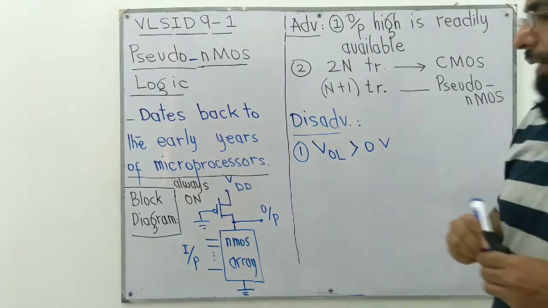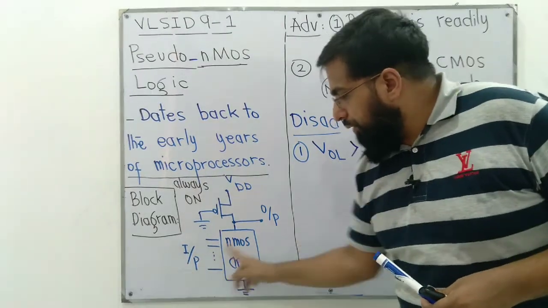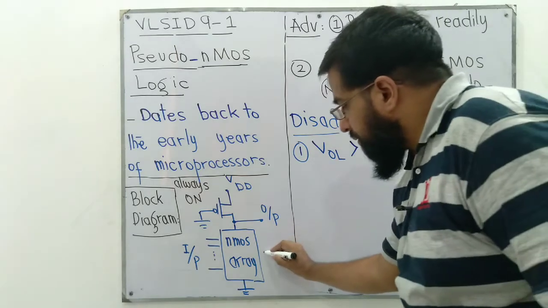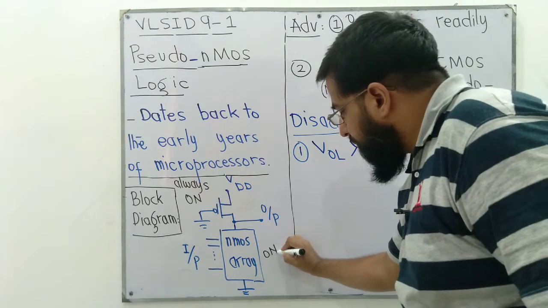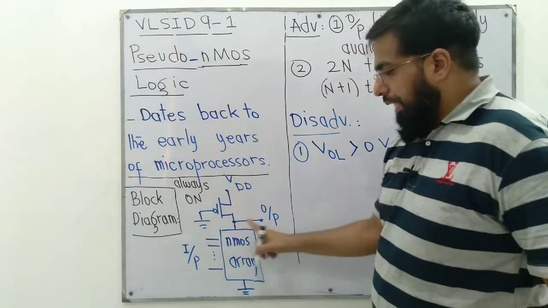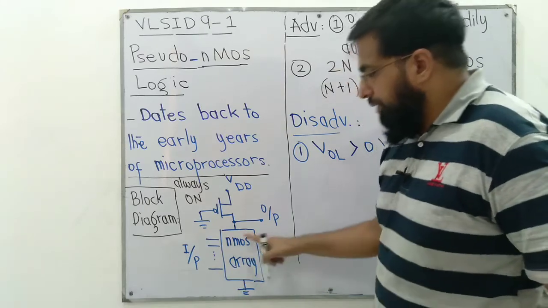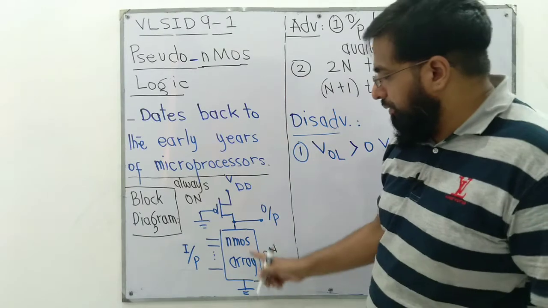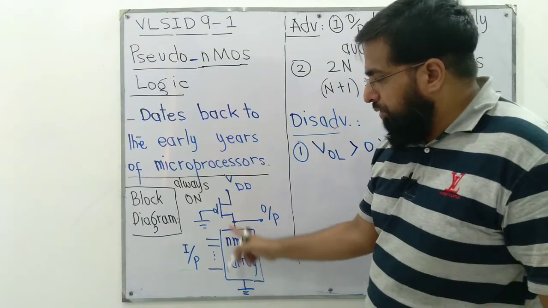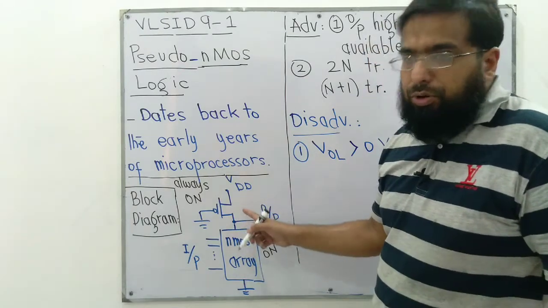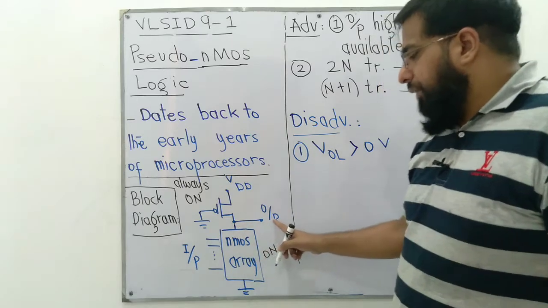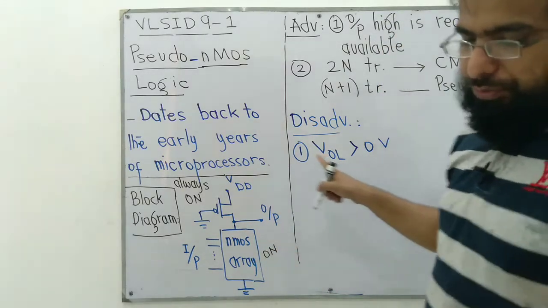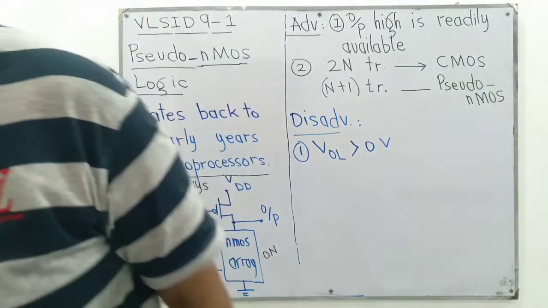Because when we apply an input combination for which the output is low, the nMOS array turns on, and the PMOS array is already on. This means that both nMOS and PMOS arrays are on. So we cannot have an output voltage that is exactly 0 volts, but somewhat higher than 0 volts.